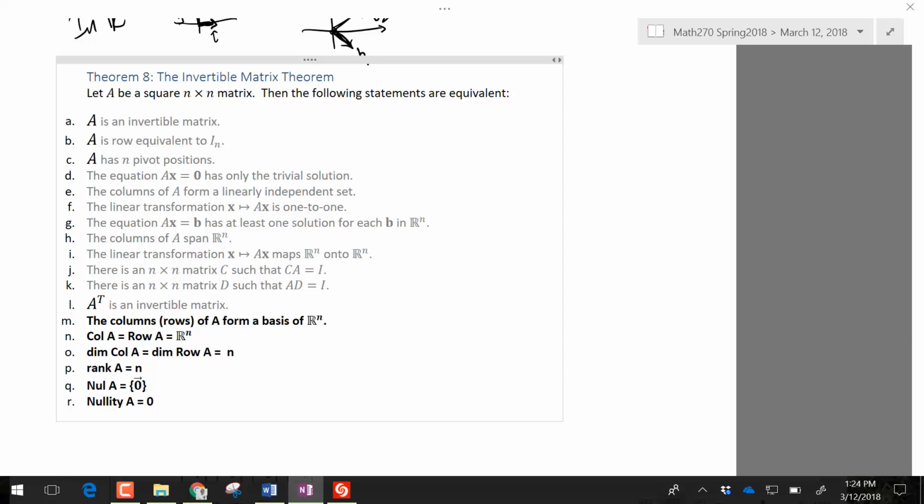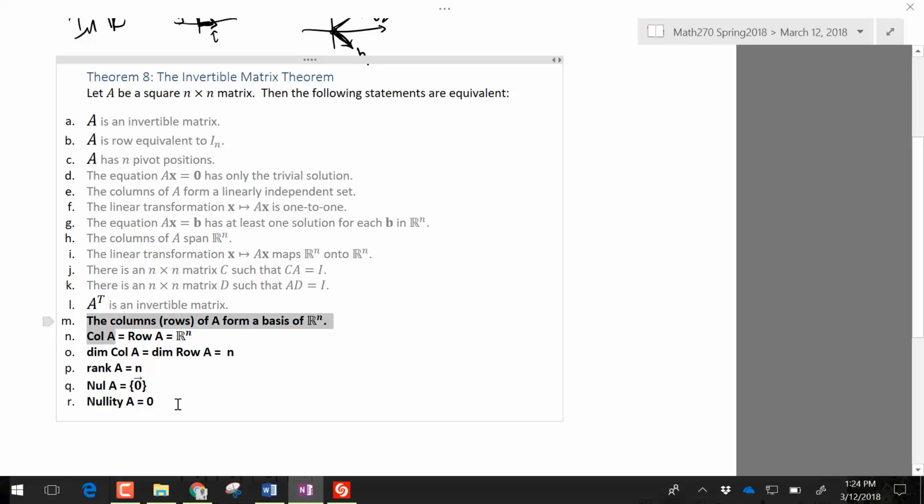There you go. So the 0 vector: if your null space is just the 0 vector, which we've seen, that means row reduced it's just going to be perfectly staircased with no free variables for an n by n matrix. Then your nullity is 0, which means 0 is the only vector that gets sent to 0.